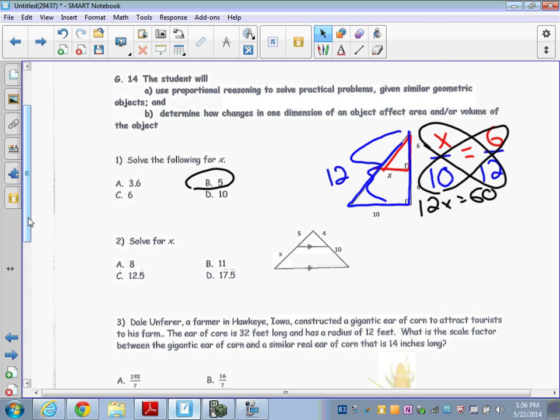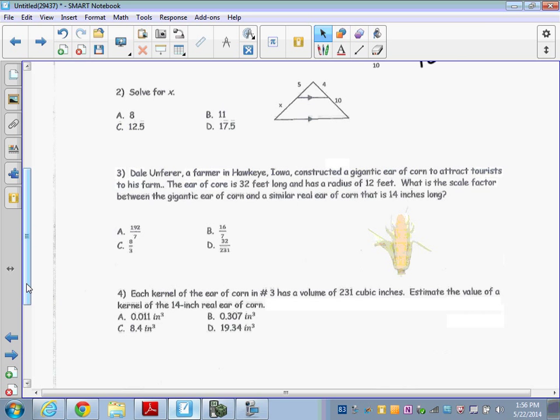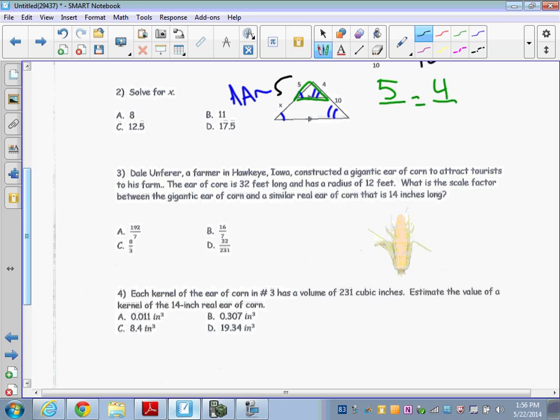Let's keep going with problem 2. Again, we have similar triangles. We know these are similar because we have two pairs of corresponding angles, and it'll be similar by angle-angle similarity. If you take a look, I think it's section G5, you'll see different examples on similar and congruent triangles. So what I have here is 5 and 4 for the top one, and this side is going to be 5 plus x, and this side is going to be 14.